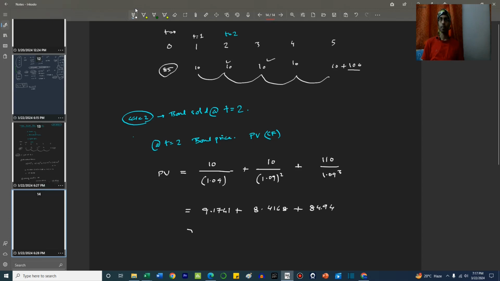So you add them up. The present value is 102.5309. This is the present value at t equal to 2.